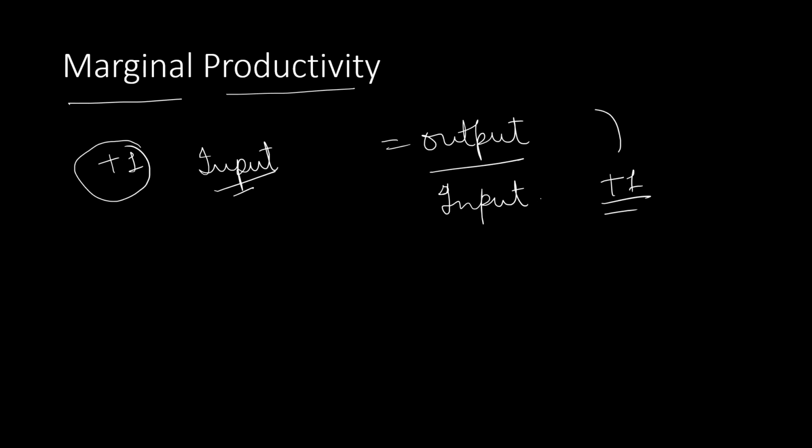If the formula to check the productivity is output by input, and we increase the input by 1, then by how much will the output or the productivity be increasing? This is marginal productivity. And the next term we have is ICOR, incremental capital output ratio.